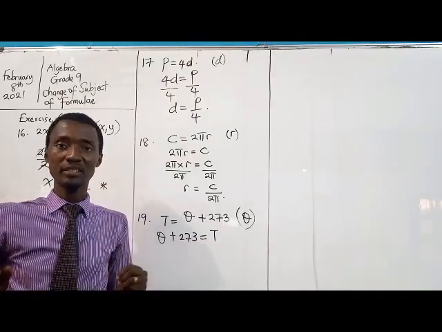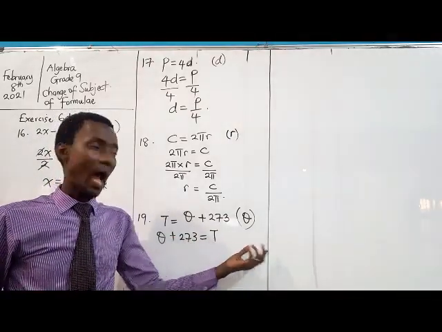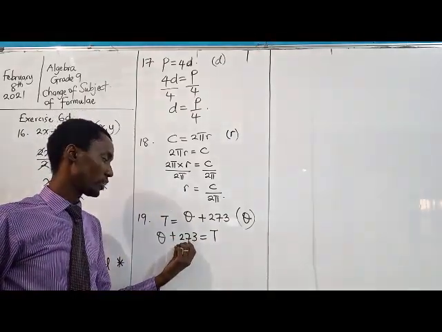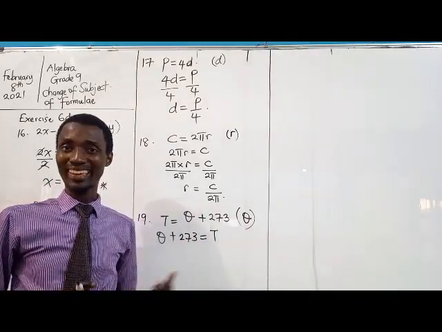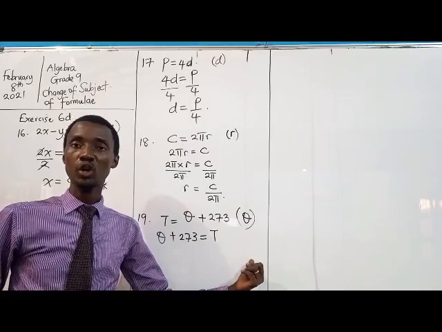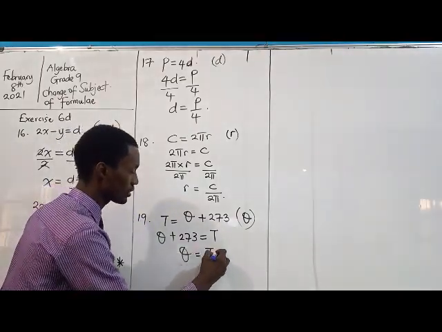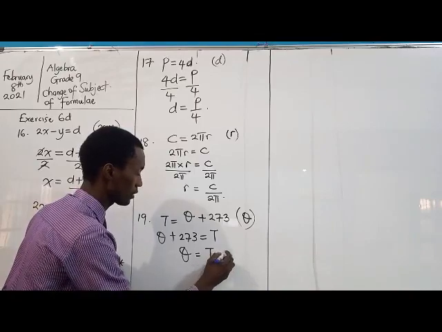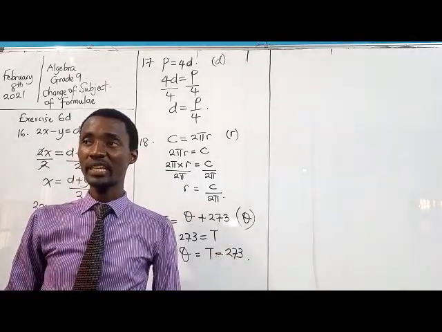How do you address that? You would address that by moving it out. When we move 273 across the equality to the other side, it becomes a negative, a king being demoted to become a servant. So theta will now be equal to t minus 273 degrees. And that takes care of question 18.